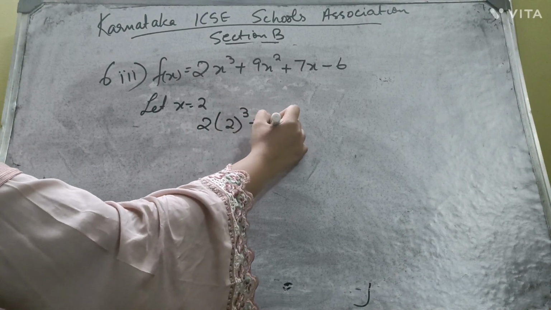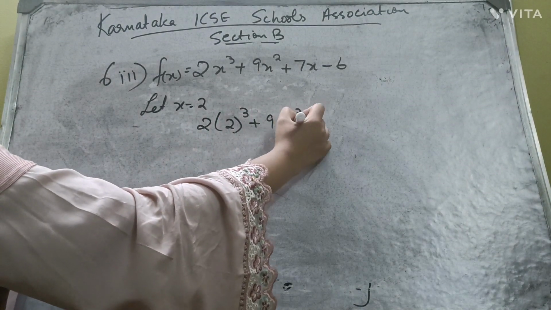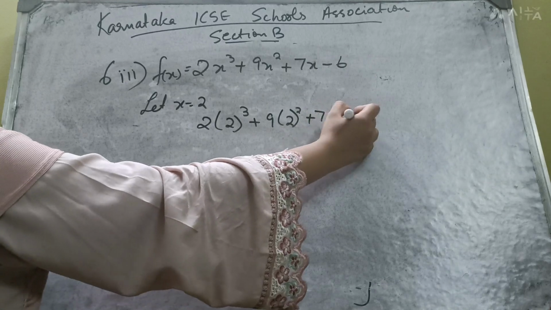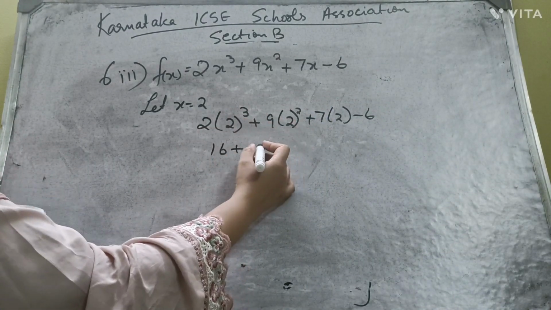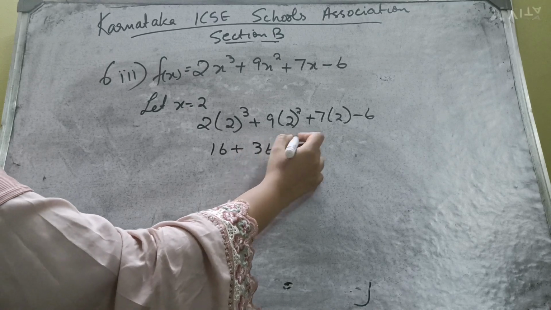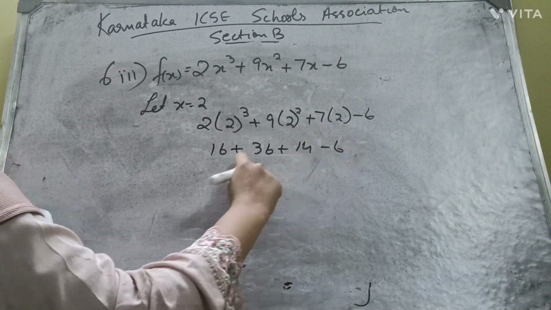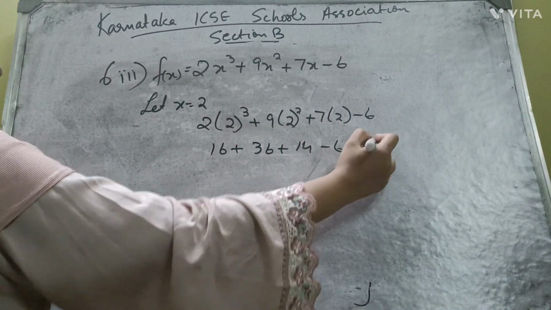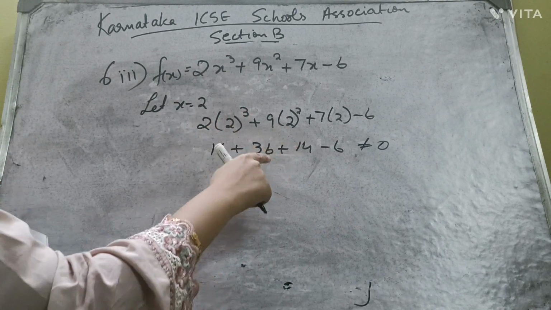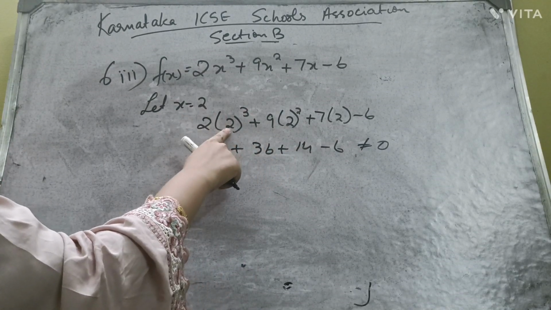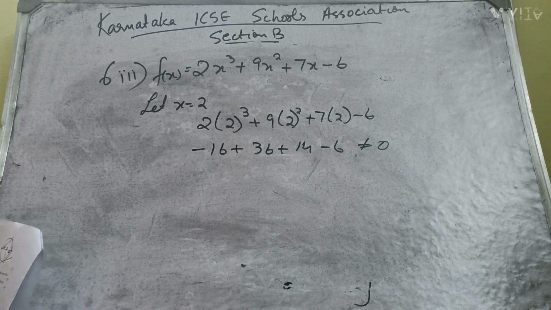So let x be equal to 2. So you get 2 cube plus 9, 2 square plus 7, 2 minus 6. So 8 2s are 16. 4 9s is 36. 7 2s are 14 minus 6. So this is also not equal to 0. Let us try with x as minus 2. So we can change the signs here only.